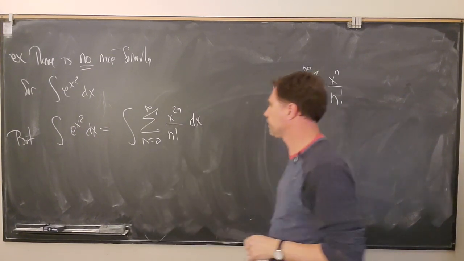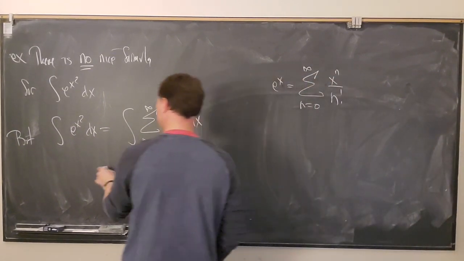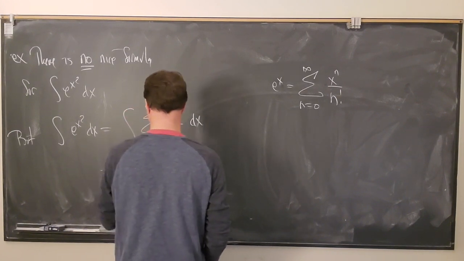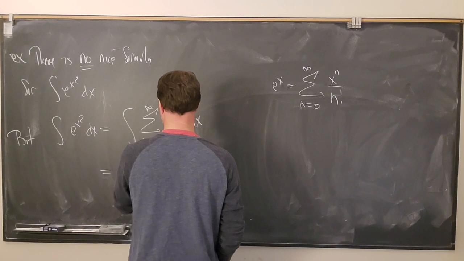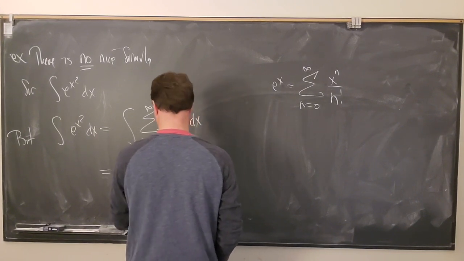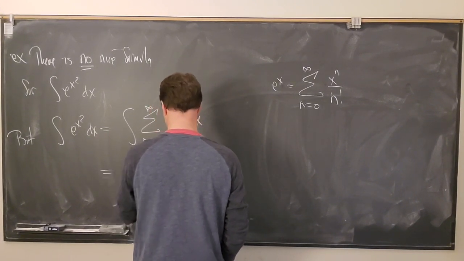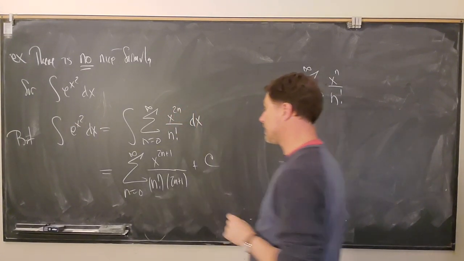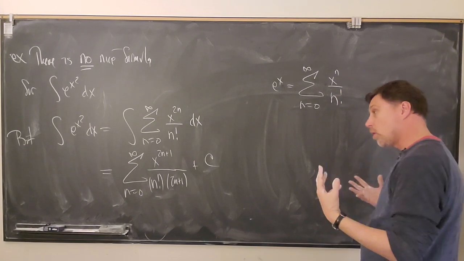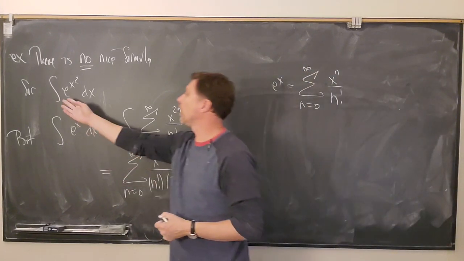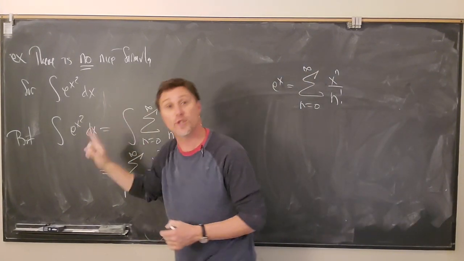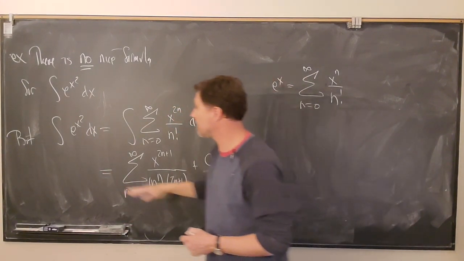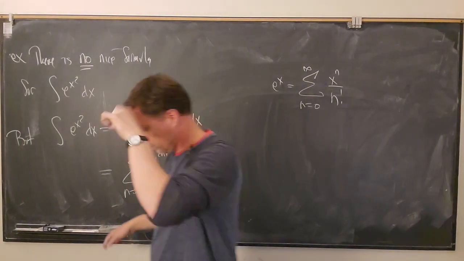Now we can compute the antiderivative of the corresponding power series, x to the 2n plus 1 over n factorial times 2n plus 1. Don't forget your plus c. So, okay, we don't have a function-style formula, but we do have a power series. And this power series is exactly equal to that antiderivative.